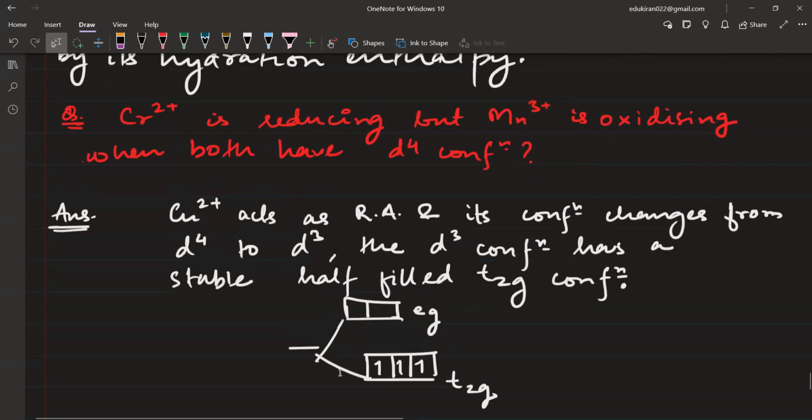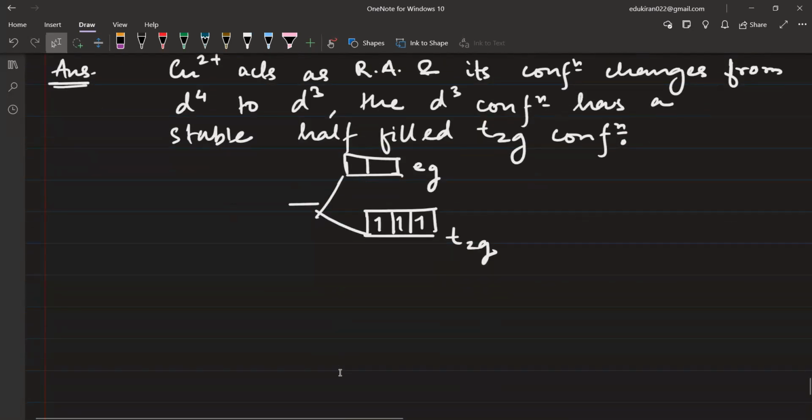Okay, what is Mn doing? Mn is an oxidizing agent, that is, Mn is going to take an electron, right?